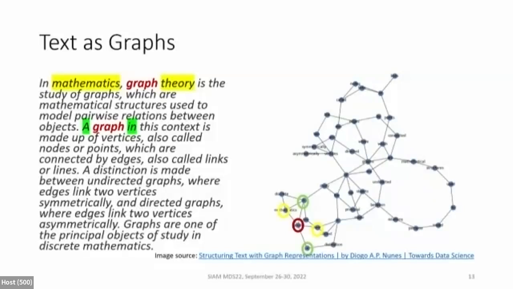Another example which represents text as graphs: here we can digitize the text and associate indices for each character or word, and then represent the text as a sequence of these small tokens.